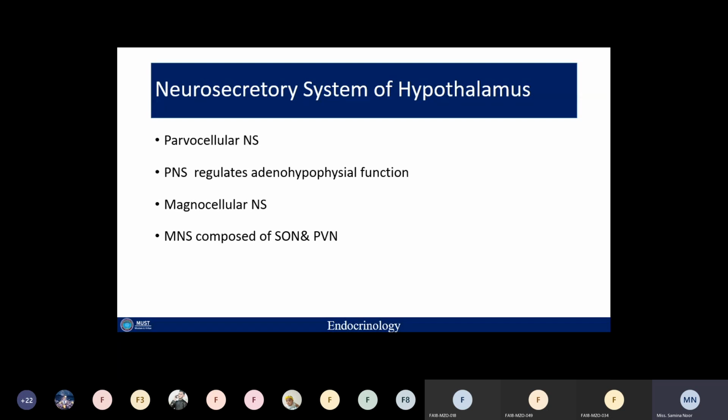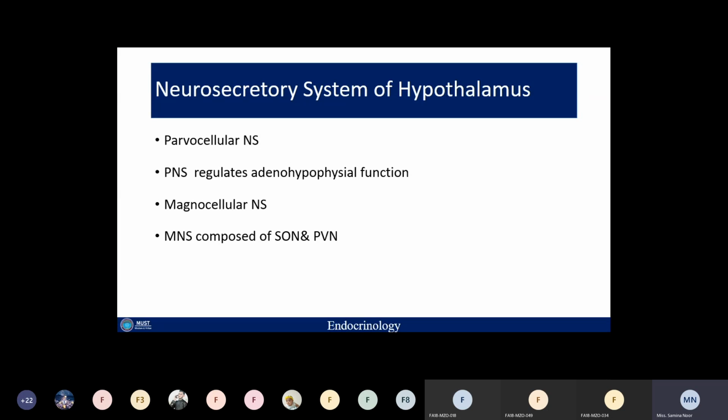And the second type of the neurosecretory system is known as the magnocellular neurosecretory system. So the magnocellular neurosecretory system is composed of both the supraoptic nuclei and the paraventricular nuclei. Both consist of neurosecretory cells that regulate the posterior half of the pituitary gland, which is also known as the neurohypophysis.